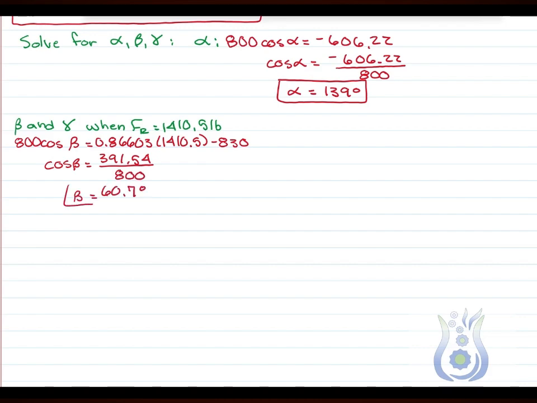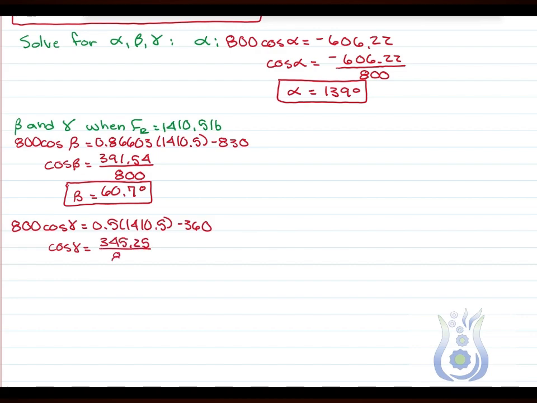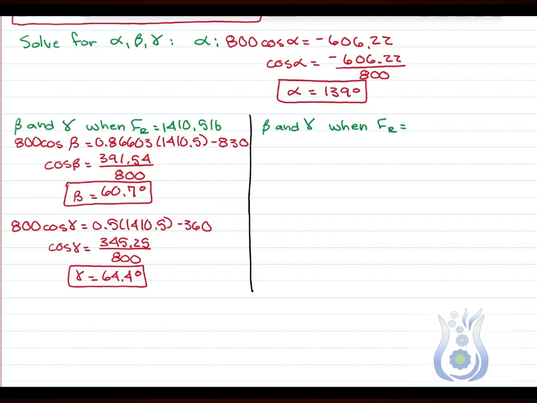The first time we have 800 cosine beta equals 0.86603 times the magnitude, or 1,410.5 minus 830. Of course, working out the algebra, we get beta equals 60.7 degrees. Using the other equation for gamma, we have 800 cosine gamma equals 0.5 times 1,410.5 minus 360, and we get gamma is equal to 64.4.